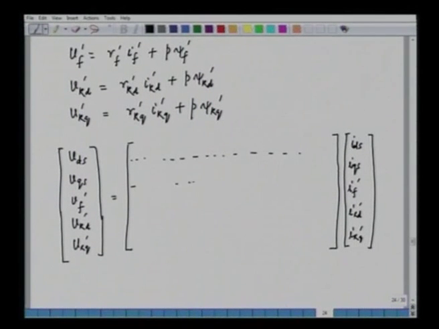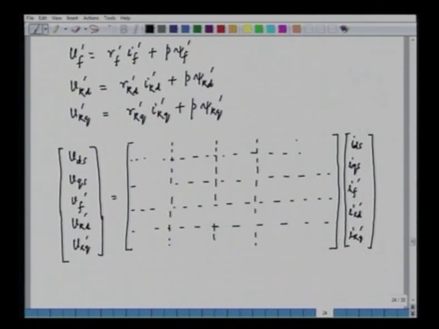We have the various rows in this case, the third row, the fourth row and the fifth row. So, this is the first column, the second column, the third column, the fourth and fifth column. This is a 5 by 5 matrix. We can fill this up by inspection.